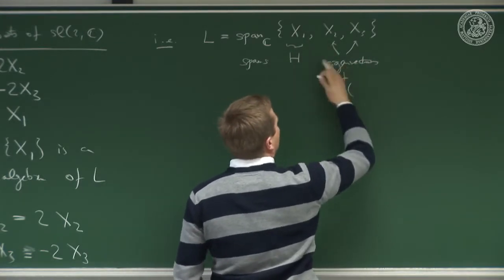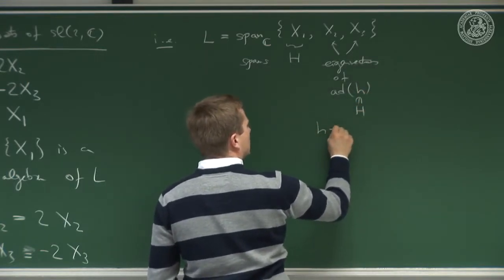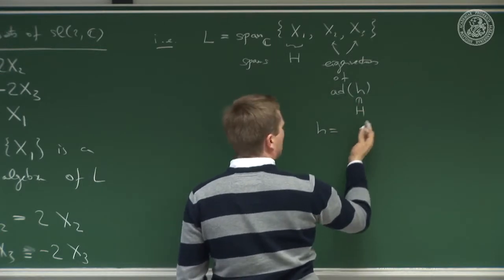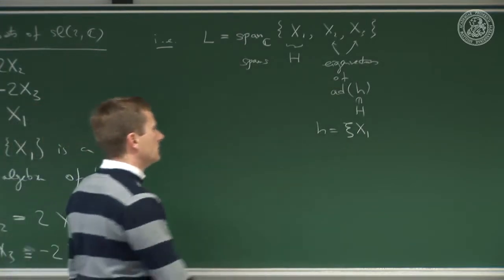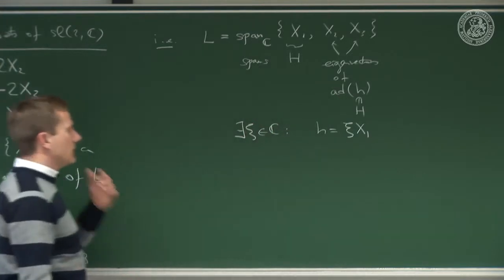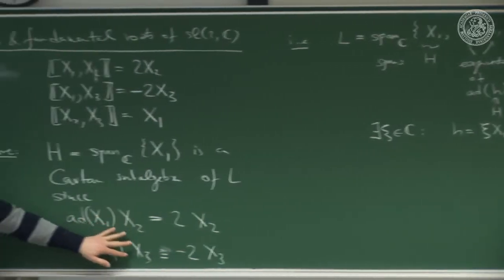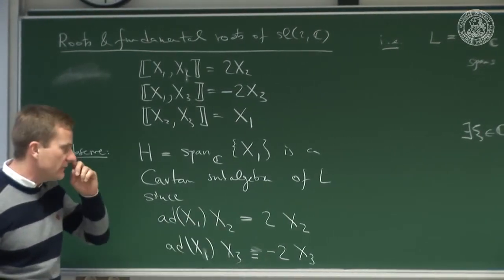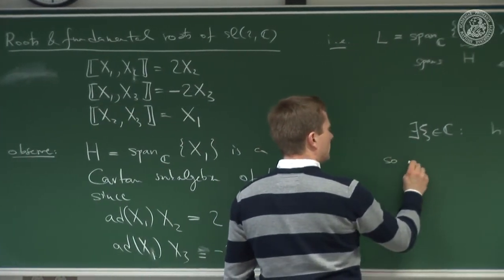Every element in there is just a little h in H, but every h has the form psi times x1, where psi is a complex number, because H is one-dimensional. So it's the Cartan subalgebra we have there. And we decided to read this set of eigenvalue equations somewhat differently.